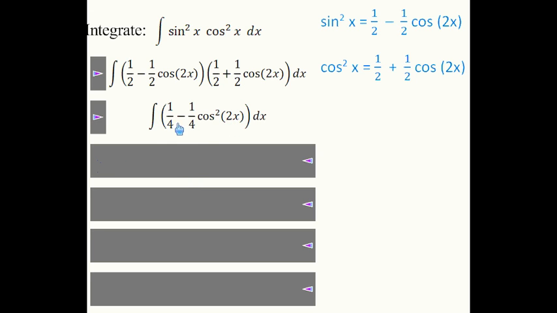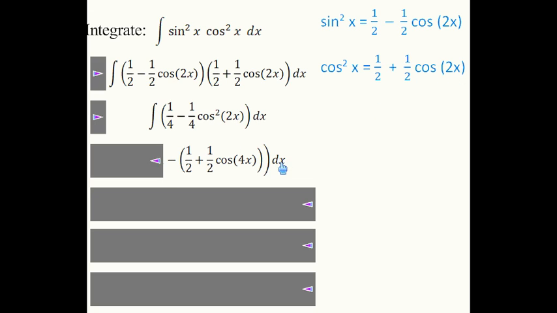We notice we can factor out that 1/4, but at the same time we have this cosine squared of 2x. So what we're going to do again is substitute. We just have to be careful here because instead of having an x, we have a 2x. So this is going to be 4x when we substitute in. So we're going to factor out a 1/4, which gives us the 1.